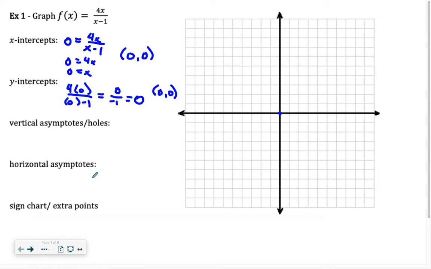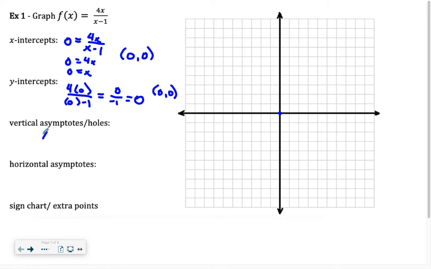Now we want to find asymptotes, like we did in yesterday's video. So vertical asymptotes, right? First thing we want to do is factor numerator and denominator and cancel out any common factors. There is no factoring to do here. So then we take every factor in the denominator and set that equal to 0.